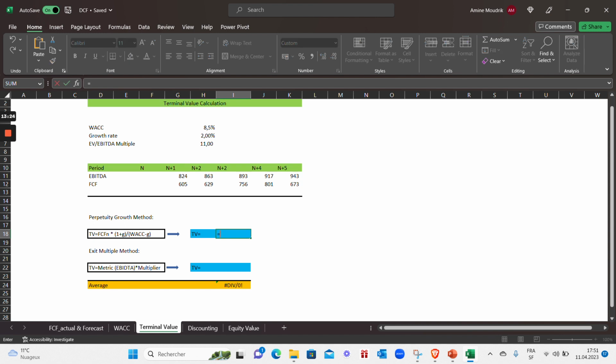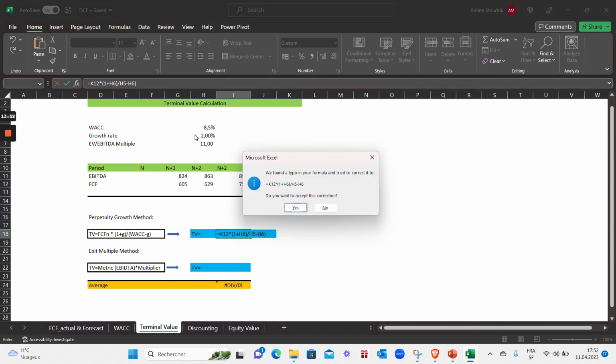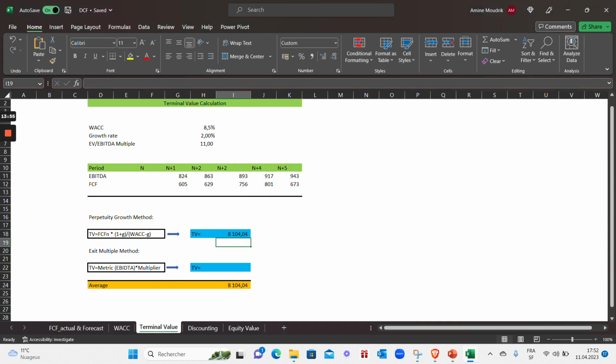Here we have our free cash flow in the last year of forecast times 1 plus the growth rate, divided by the WACC minus the growth rate. Sorry, I haven't put brackets.